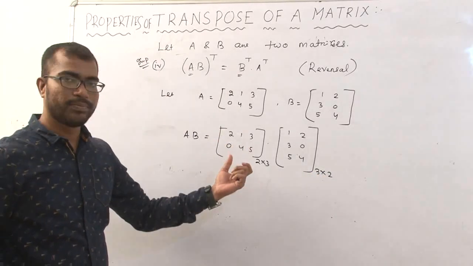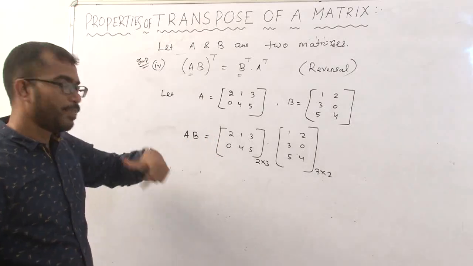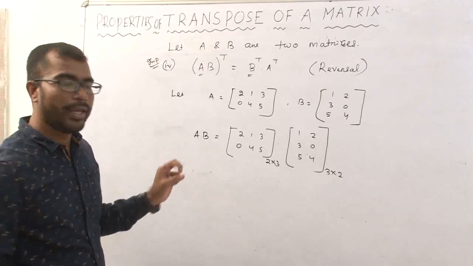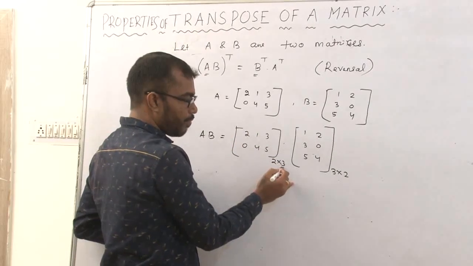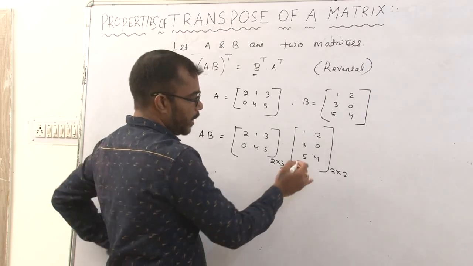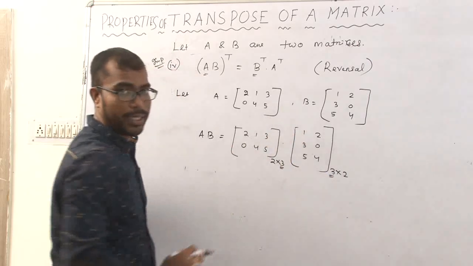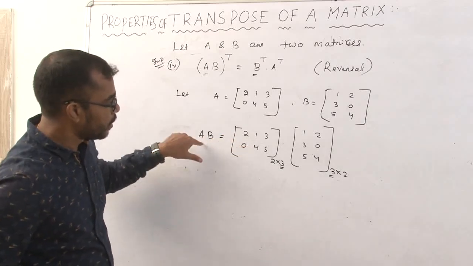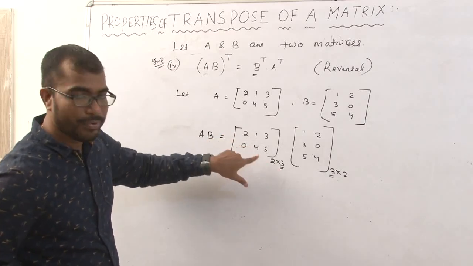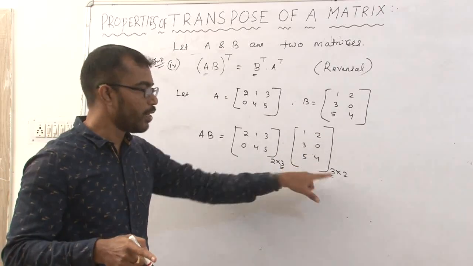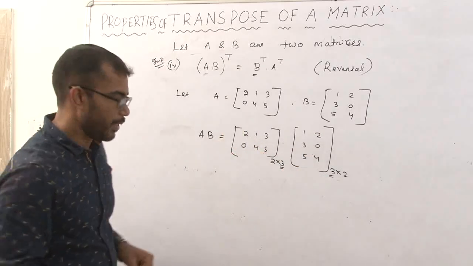In the previous session we discussed that if the number of columns of the first matrix is equal to the number of rows of the second matrix, then we can multiply. In this question they are equal, so we can multiply.